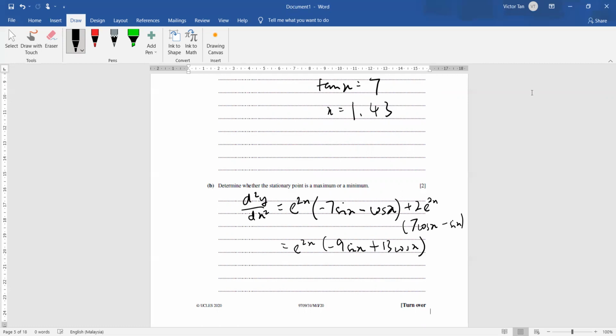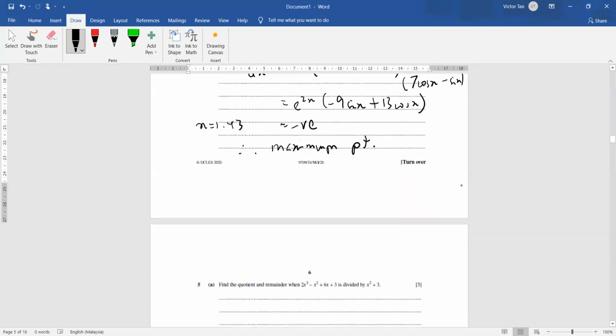When x equals 1.43, you're interested if it's a positive or negative value. So it's a negative value. Therefore, maximum point.